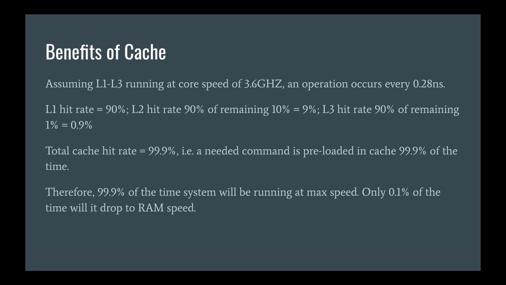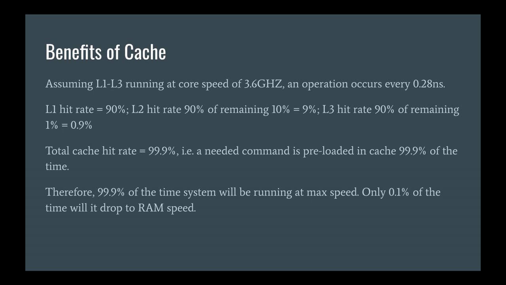So here's some numbers. Assuming you have a 3.6 gigahertz CPU, all 3 of those caches are going to be running at that same speed, and you have an operation that occurs every 0.28 nanoseconds.